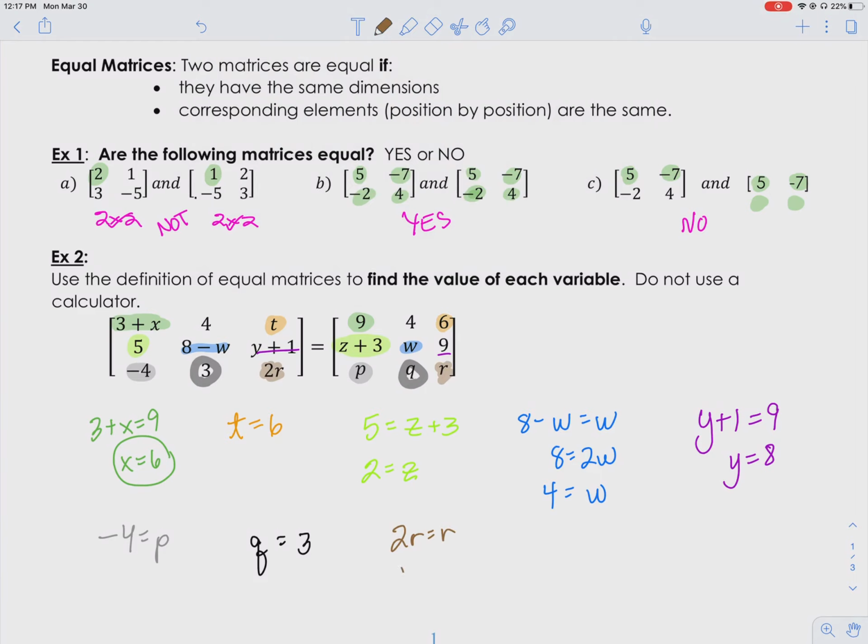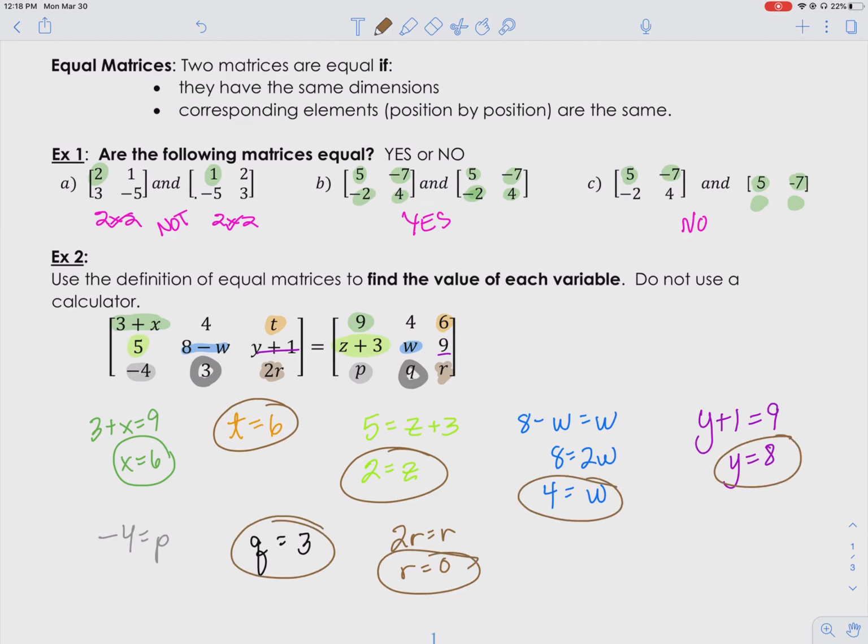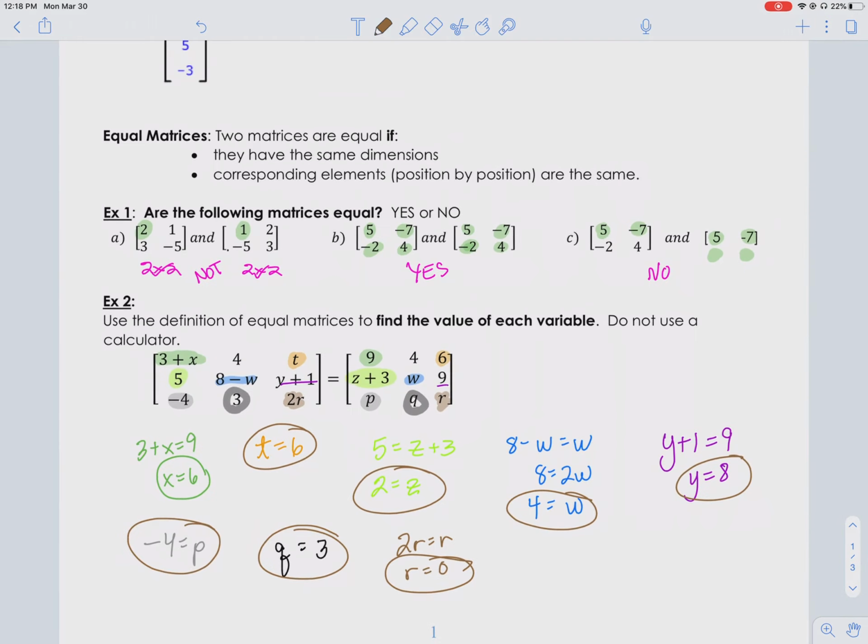So that means that r is equal to 0, because if I subtract an r, I get one r on one side and nothing on the other side. So I have all my answers to all my letters, and I did not have to pick up a calculator. Just wrote them down.